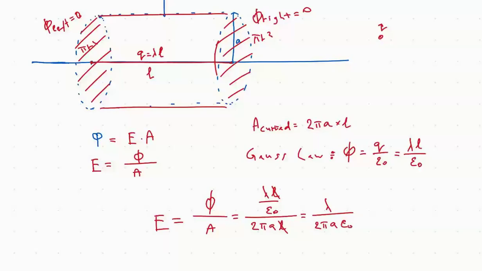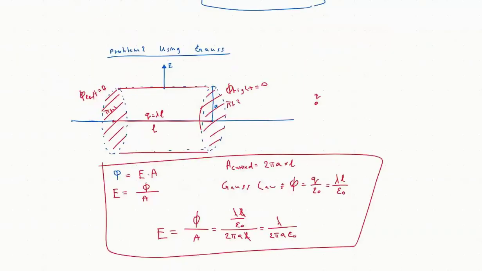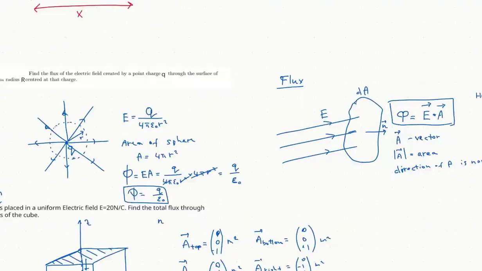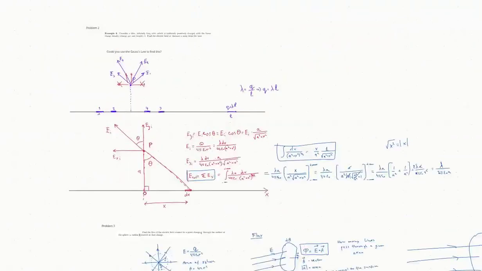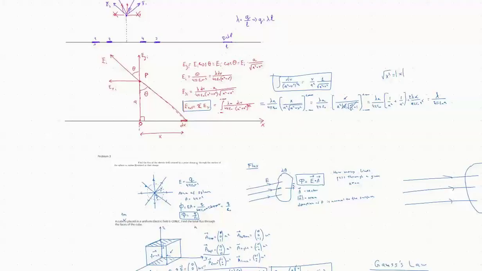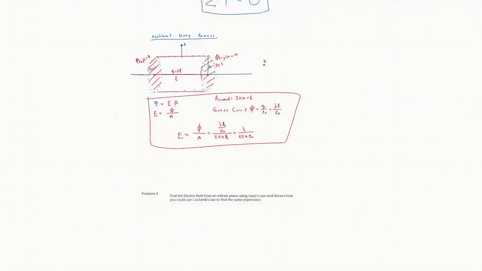So compare this solution to this solution. The same problem, two different solutions. I'm actually very surprised that I managed to do problem 2 without mistakes, or at least I found the mistakes and solved them. But this is the power of Gauss's law.